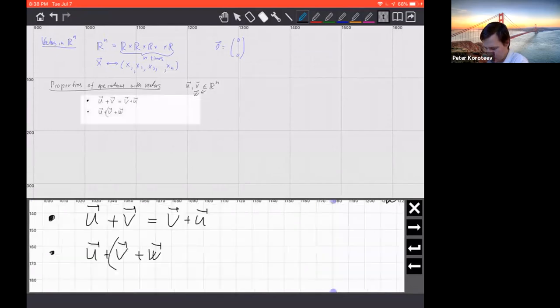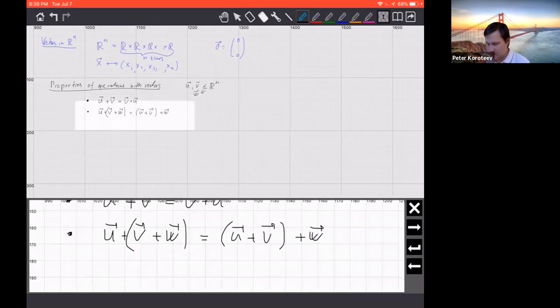If you add them like this, we can also add them in a different order. That just follows from the associativity of addition.